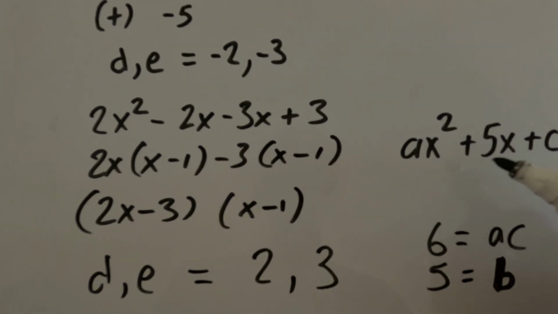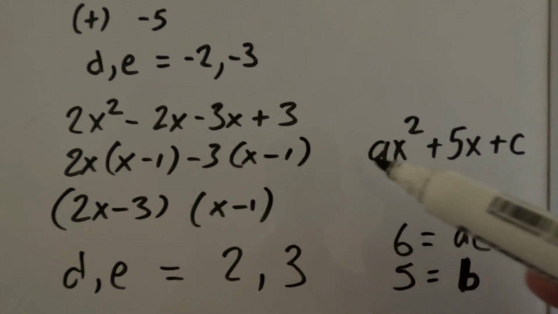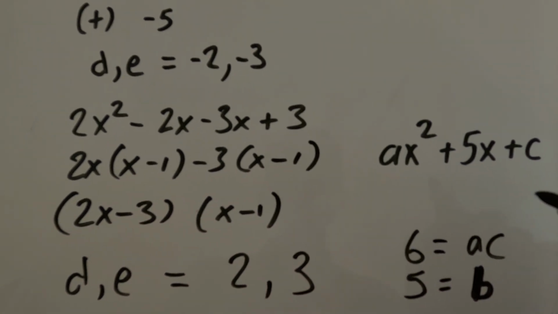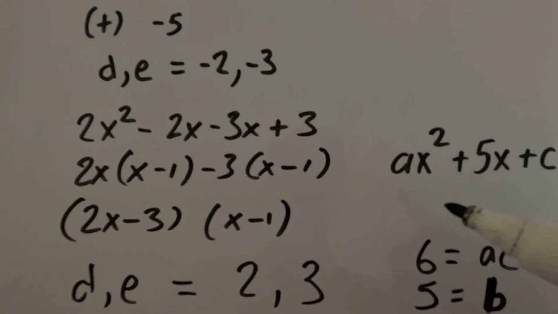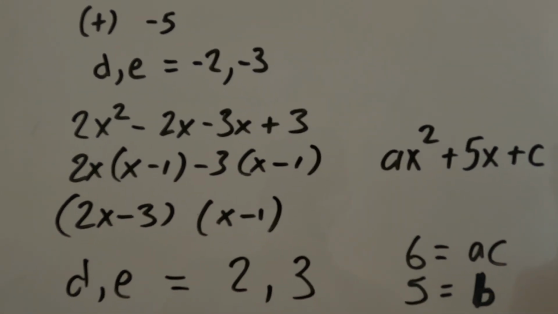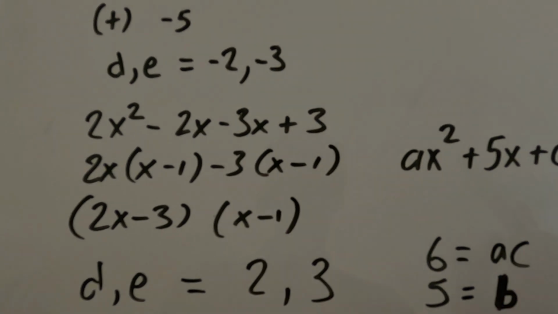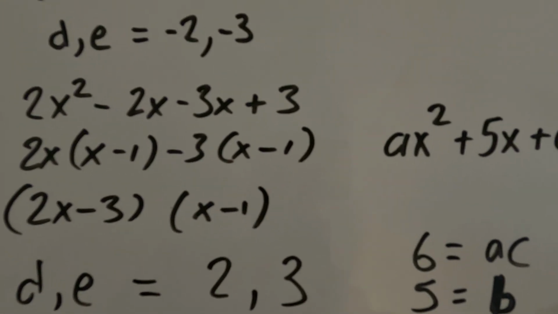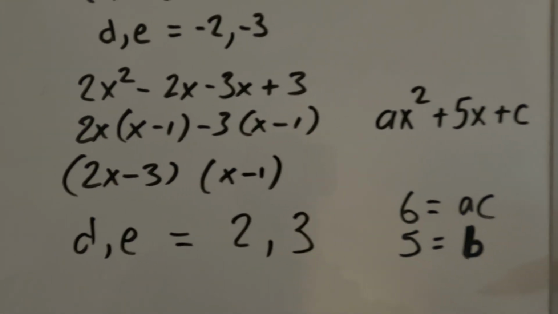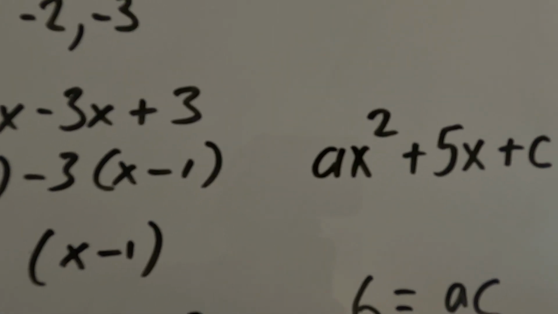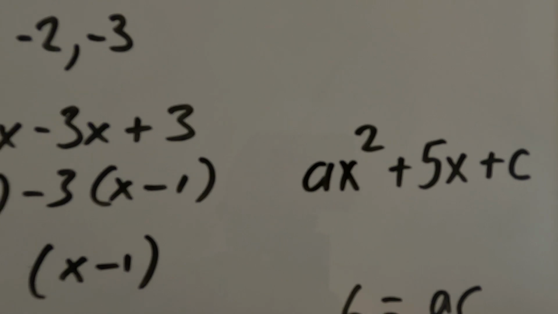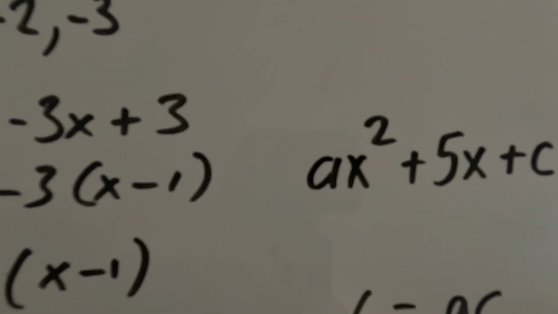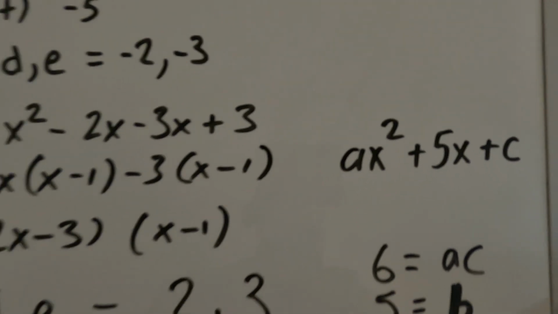So a could be 1, c could be 6. a could be 2, c could be 3, etc. But as long as they multiply up to get 6, okay? So that would be the equation. Doesn't really matter. b is obviously 5. We can't really change that.